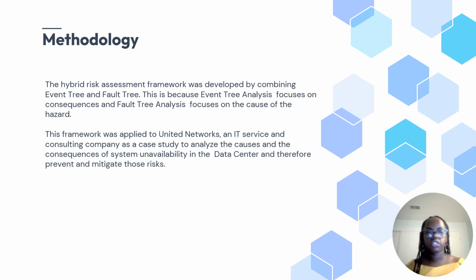It was a four-step process where we first constructed a fault tree, secondly constructed an event tree, thirdly constructed a risk assessment survey to supplement the hybrid framework, and finally constructed the proposed hybrid framework.